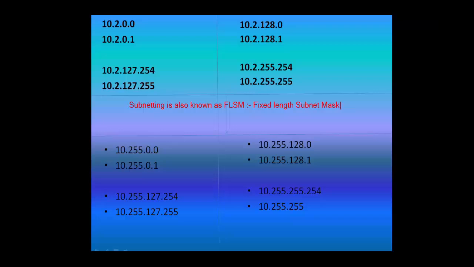All the blocks that we generate here have a fixed length, fixed block size. It also creates a problem for me. How many IPs are we getting here? Maybe in some departments I require only 10 IPs, and in some departments maybe I require millions of IPs. But the block we are getting here is only of 128.